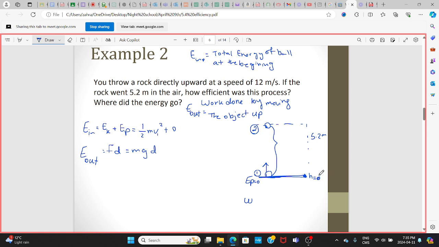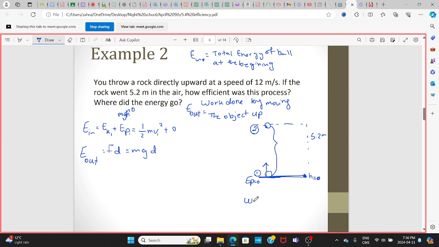You could choose that to be any point. I choose it to be at the beginning of this motion when you throw it up. So since EP is mgh, and at point one h is 0, that would be 0, right? Oh yes, thank you. You're welcome.